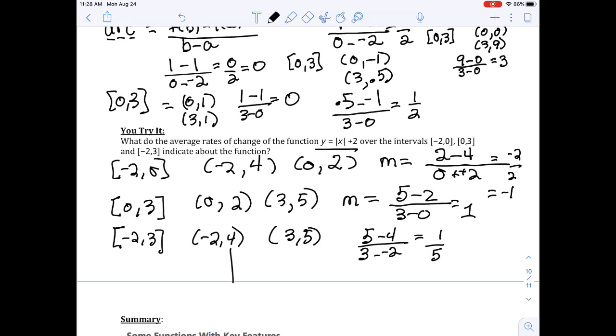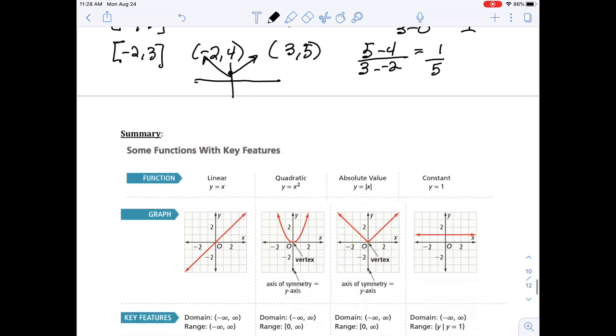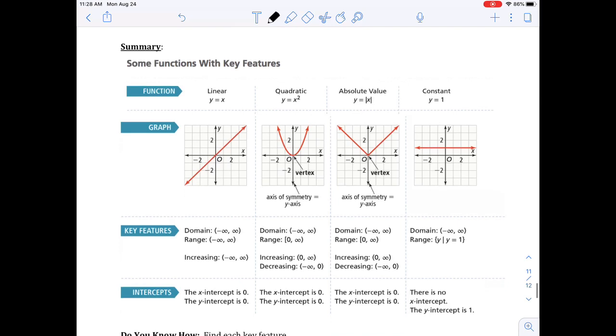So then that indicates that it's also positive. So if you think about this function, it's going to be a V function that's going to look like this. So from negative infinity to 0, its average rate of change is negative. From 0 to 3, it's positive. Overall, from negative 2 to 3, it's a positive 1/5.